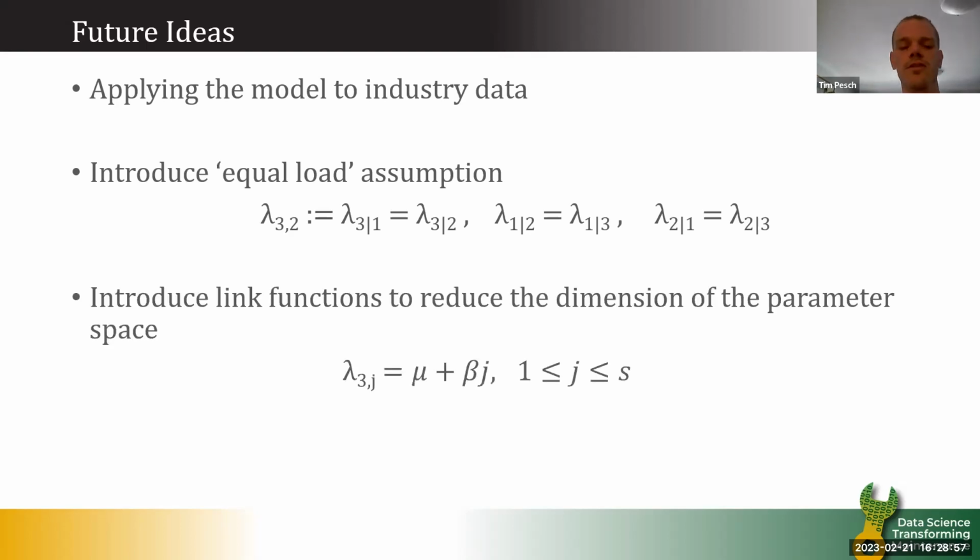Headed into the same direction is another extension to the model that we could think of, which is the introduction of link functions. So for these parameters, say for the third component, lambda 3,1, then for the first level, lambda 3,2 for the second level, and so on, there might be an underpinning relation between these, whether that's just a regression equation, or one might also consider log-link functions, where again the number of parameters could be reduced, and therefore the applicability of this model could be increased.